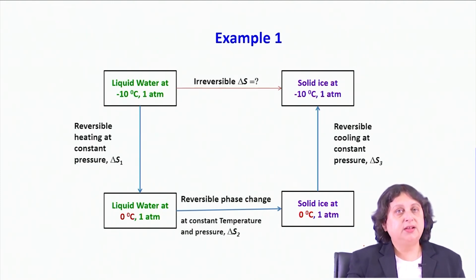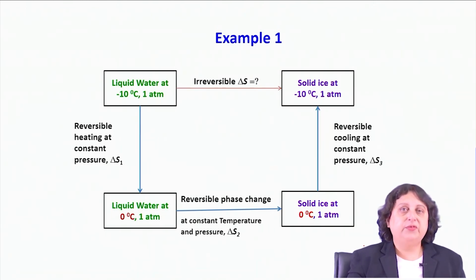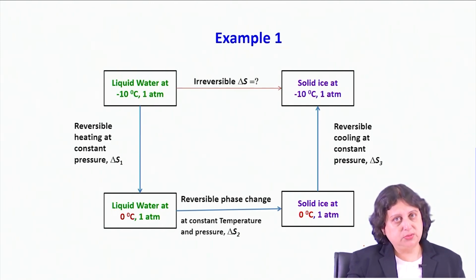The first one is a reversible heating at constant pressure, which will give you delta S1. The second step involves a reversible phase change at constant temperature and pressure. That will give you delta S2. And the third step is the reversible cooling at constant pressure. Once again, you can find out what delta S3 is.